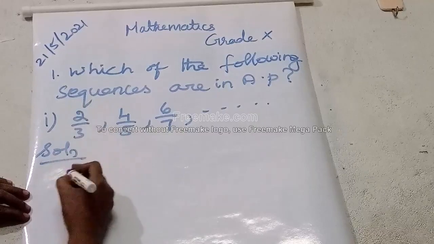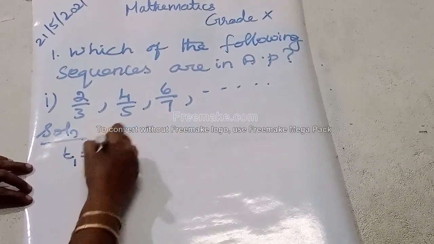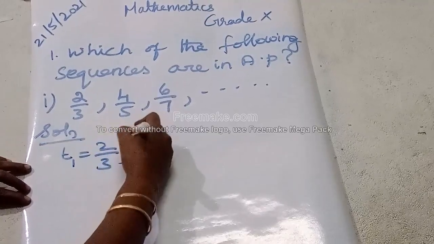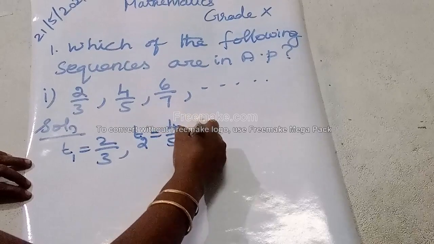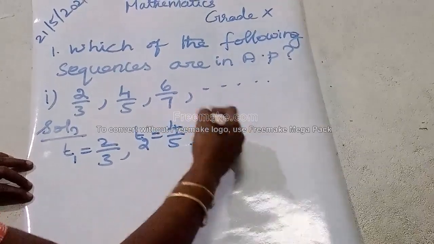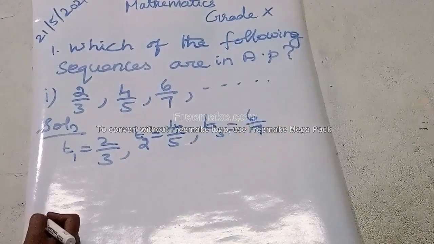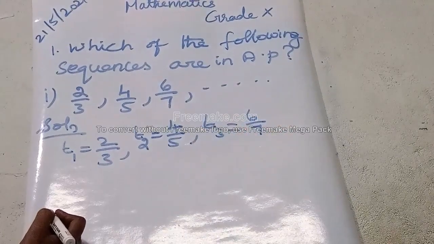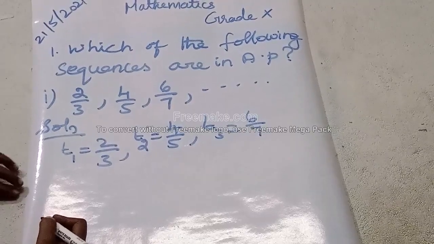First of all, we have to take the terms. Let us write the first term, that is T1. T1 is equal to 2/3, T2 is equal to 4/5, T3 is equal to 6/7. Only three terms are there. Now let us find T2 minus T1.